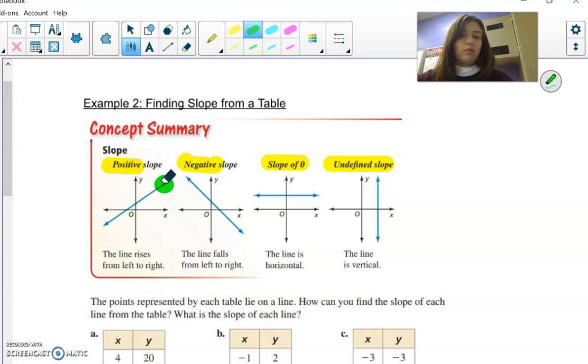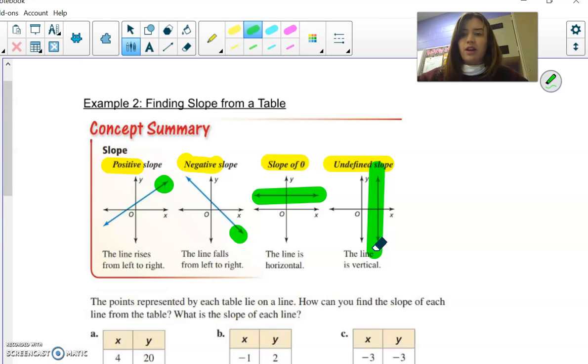I'm looking at negative slope, that bottom right. It's pointing down, so that's why we know it's negative. Slope of 0 doesn't go up or down. It moves up 0, it moves down 0. And then undefined is because we don't have a way to explain a vertical line. It goes straight up and down, so that is undefined.